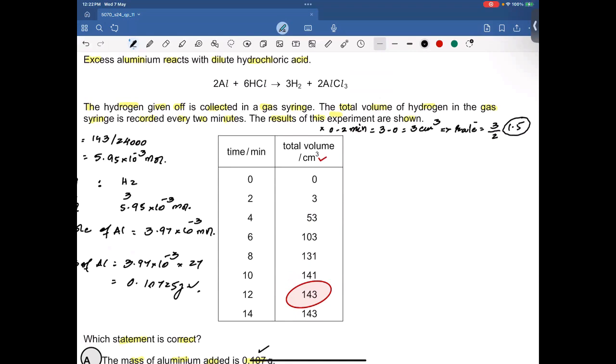The second interval is 2 to 4 minutes. 53 minus 3 becomes 50, and 50 divided by 2, because there is an interval of 2 minutes between each reading. So the rate is going to be how much?